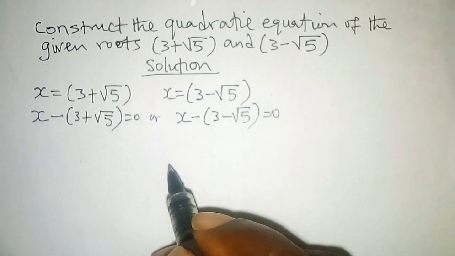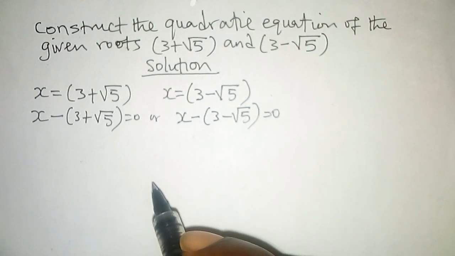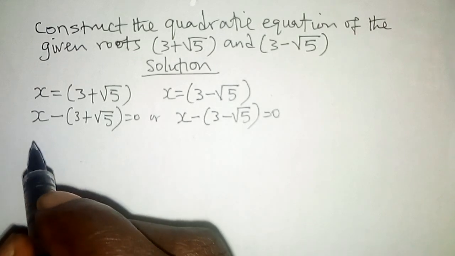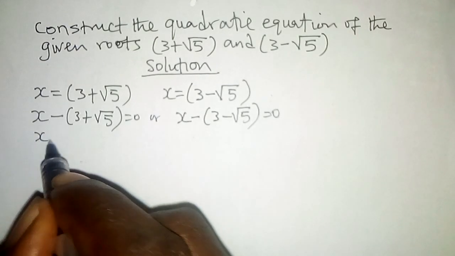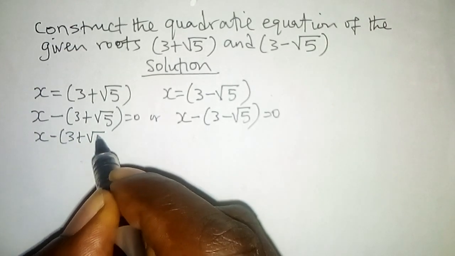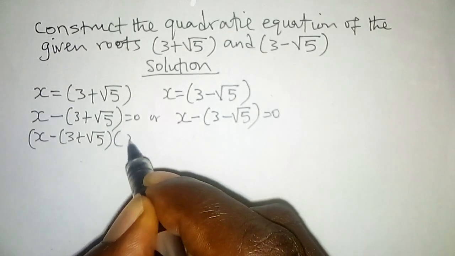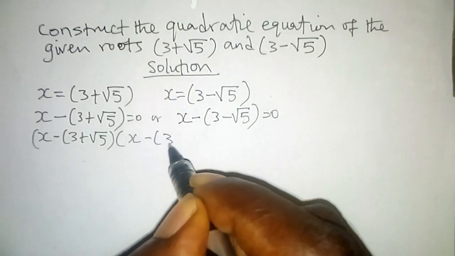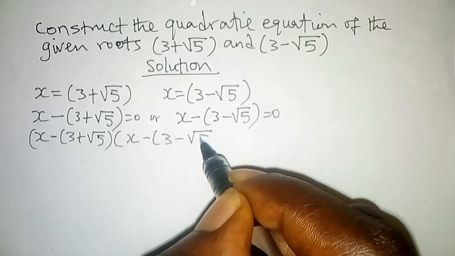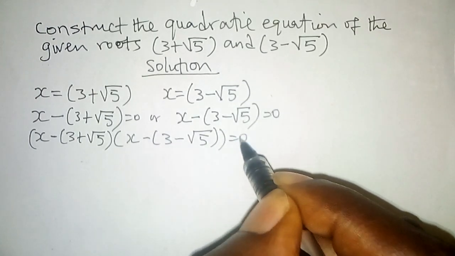So we have now gotten the two linear equations that when we take their product will give us a quadratic equation. So let us peruse. x minus (3 plus the square root of 5), x minus (3 minus the square root of 5), equal to 0.